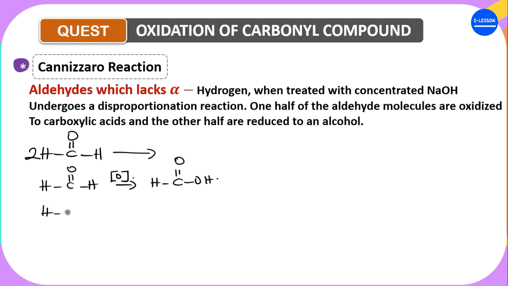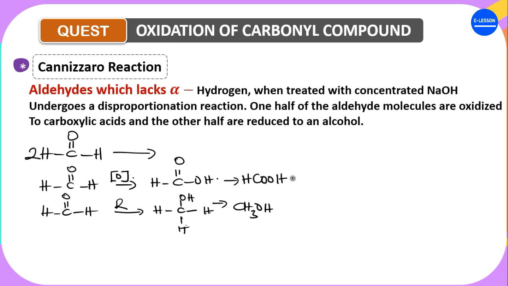And then when aldehydes are reduced, so we say reduction. When aldehydes are reduced, what is formed? An alcohol is formed. So this will form something like this, HCOH, and then you have H and H, which can be written as CH3OH. Right? And the other can also be written as HCOOH.